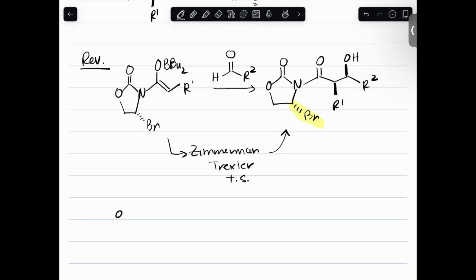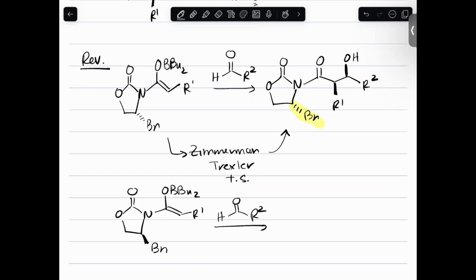And of course, if I use the enantiomer oxazolidinone, which is the wedged version, in the presence of my carbonyl electrophile, you are again going to get the syn product. But in this case, my syn product is going to be dashed.